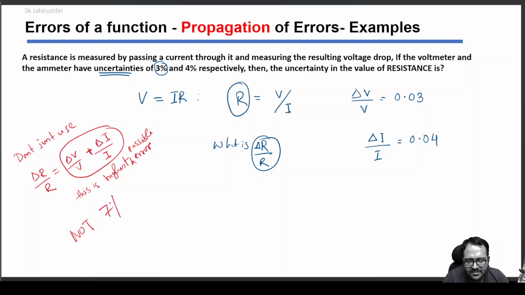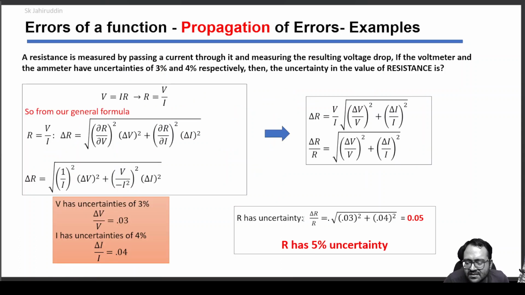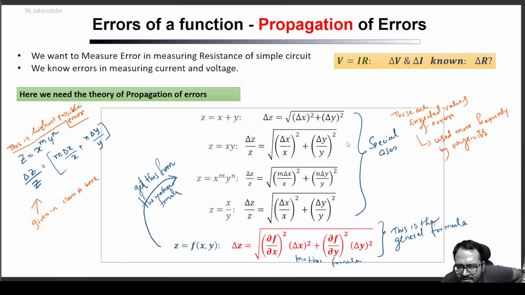That 7% answer is the highest possible error, and the expected error should be 5%. We don't just add, we square both, add, then take the square root. All of this comes from the mother formula.